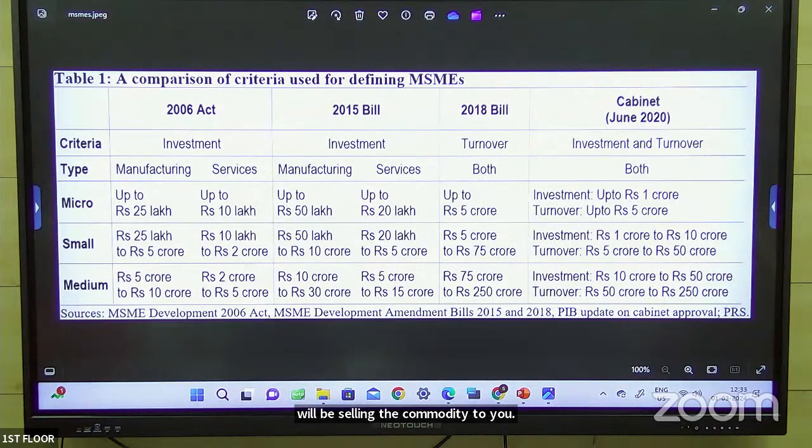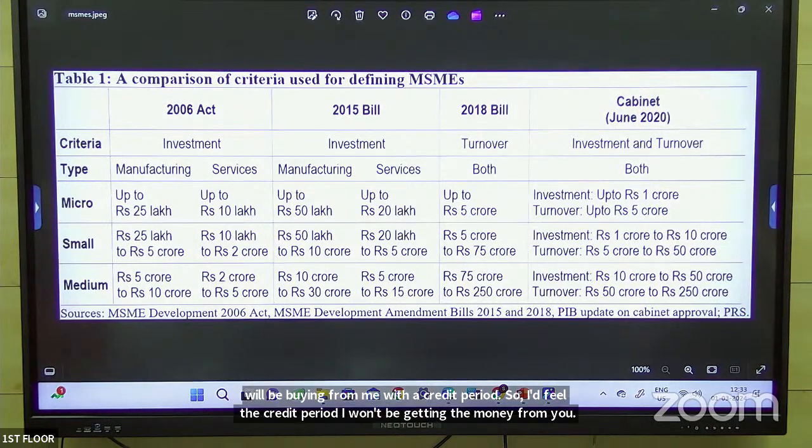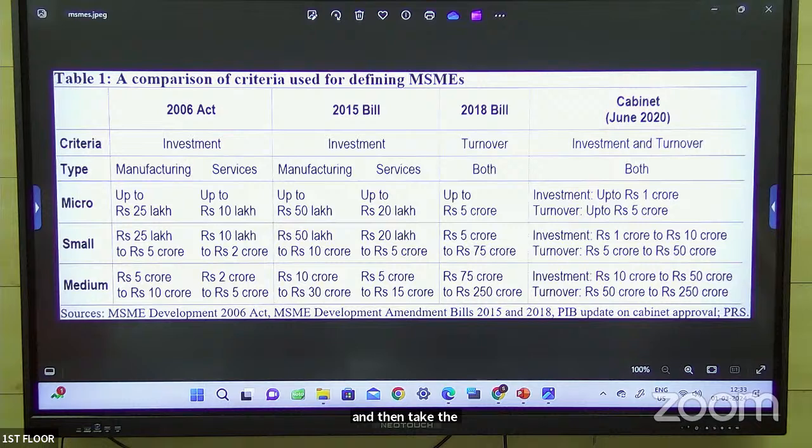Based upon that invoice, I can get some finance from that person. You will be buying from me with a credit period, so until then I won't be getting the money from you. Till then, I can present the invoice to the financier and take the amount from them. So you can also buy things based upon the financing given by the financing agent. There are some facilities made for buying and selling, mainly for these MSMEs. So, the introduction of TREDS.